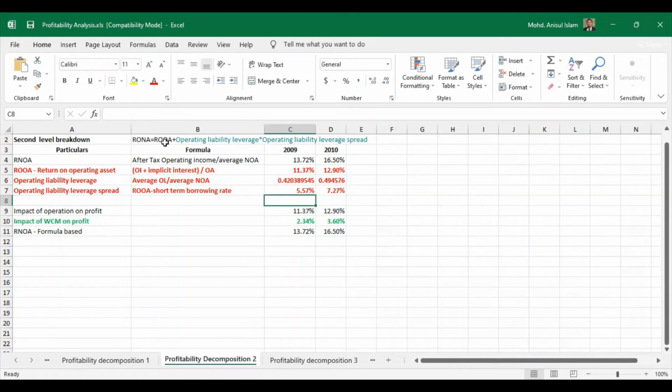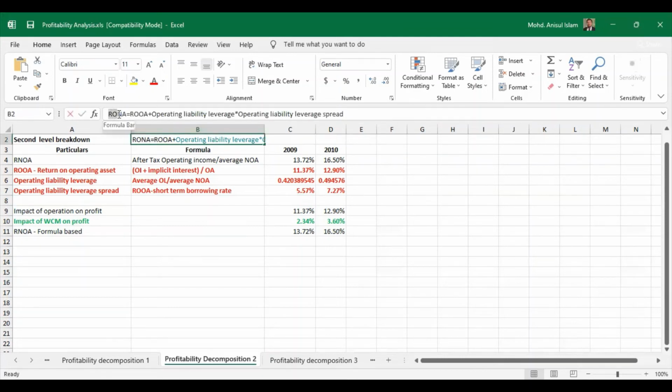Here you see that we have brought down the return on net operating asset, because we want to decompose it. It should be more precise: return on net operating asset.